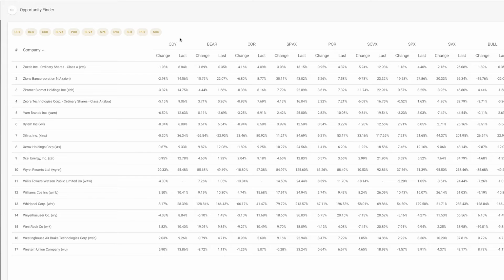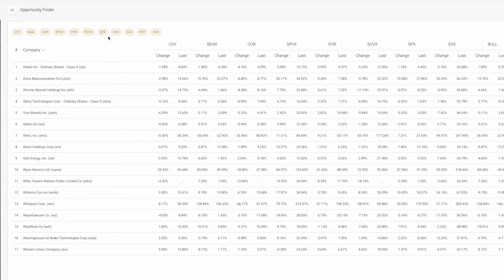So inside the Opportunity Finder, across the top here, we have a number of trends and advanced metrics. COI or call option yield, bear, call option rate, put option rate, stock call volatility index, stock put index, stock volatility index, bull indicators, stock optimism index, and so on, right?